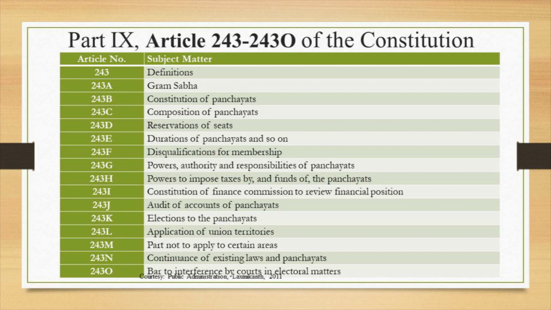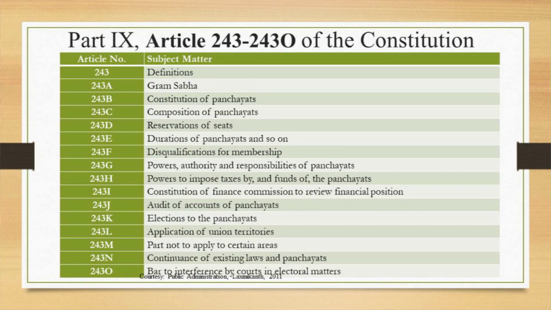So, no election to any panchayat shall be called in question except by an election petition presented to such authority and in such manner as is provided under any law made by the legislature of a state. And this is the summary of what you get to see from this slide: Part 9, Articles 243 to 243O of the Constitution relevant to Panchayati Raj institutions.